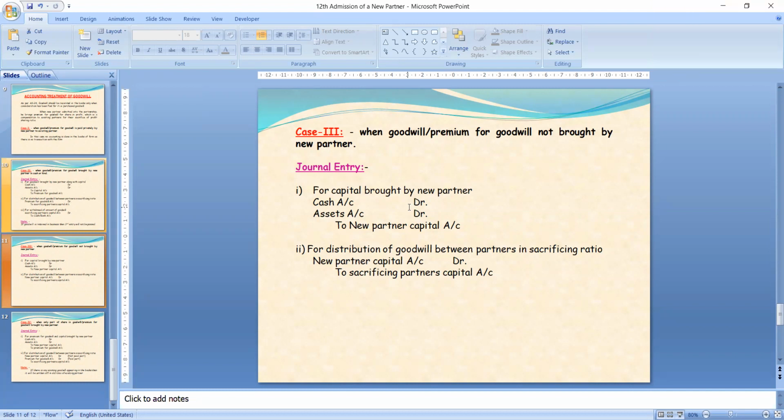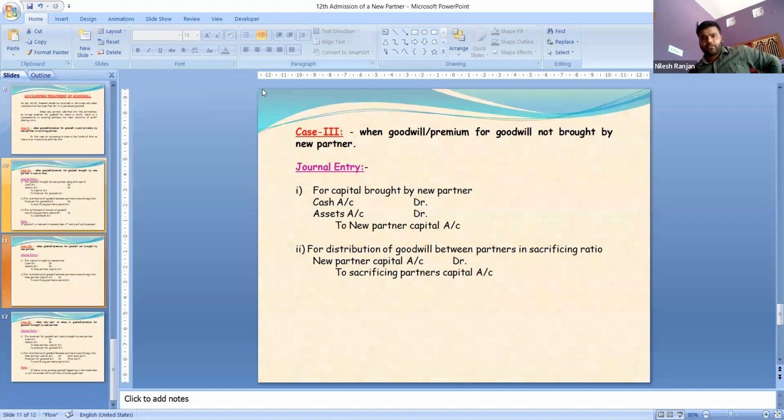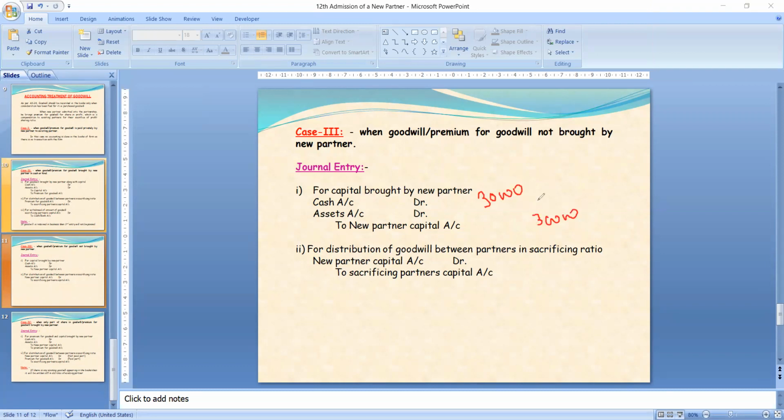If we pass the journal entry for that, we first write cash account debit 30,000 to new partner's capital account 30,000, because cash is brought.